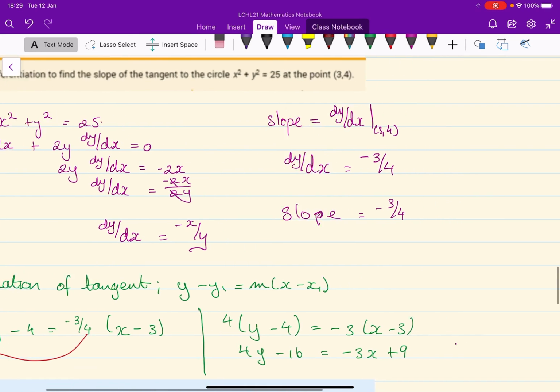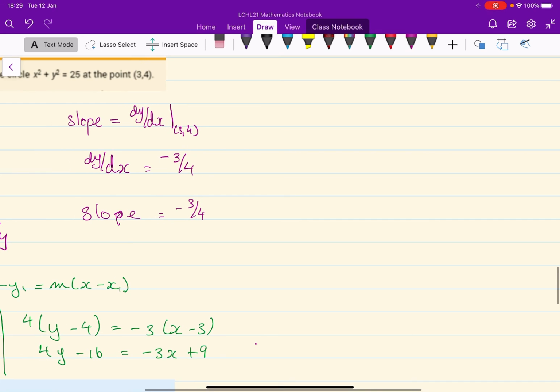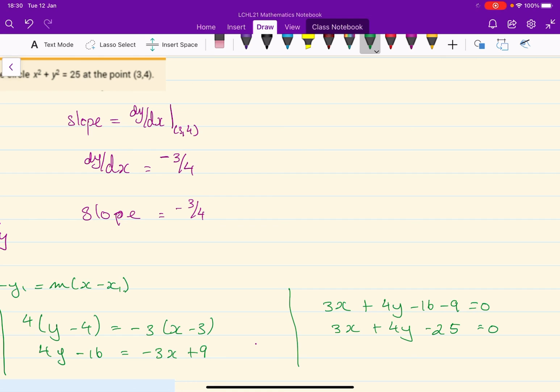And if we're just going to finish that out, what we do then is we can say that 3x plus 4y minus 16 minus 9 is equal to 0. So 3x plus 4y minus 25 is equal to 0. And that is the equation of the tangent to the circle at the point 3, 4.